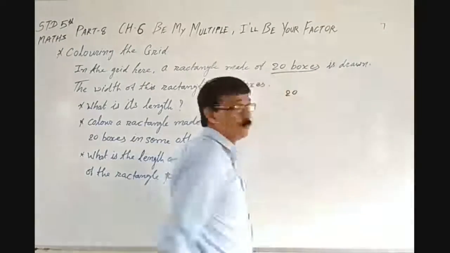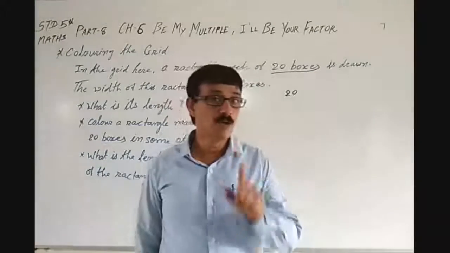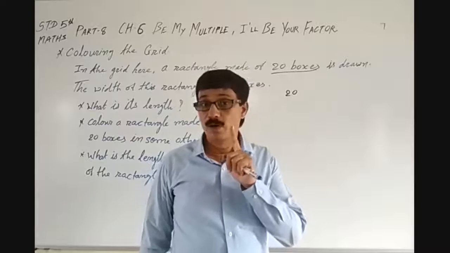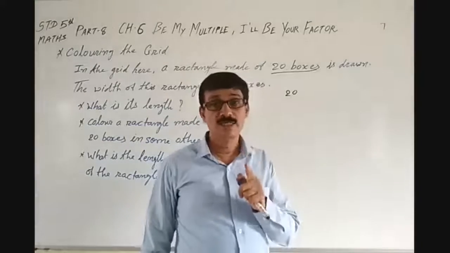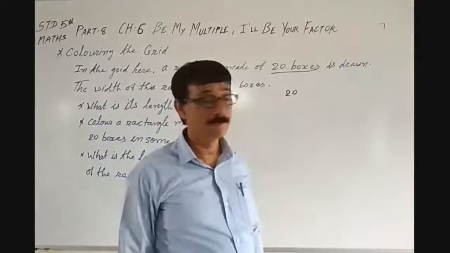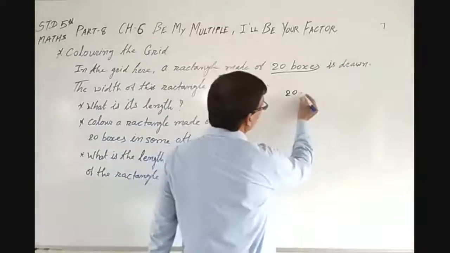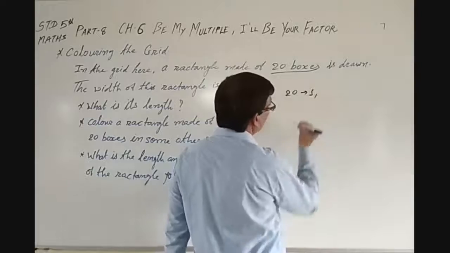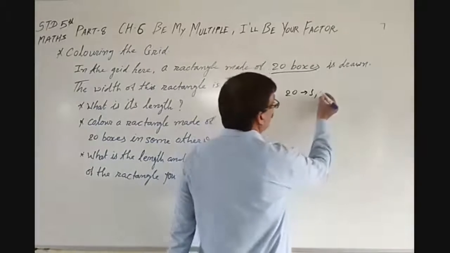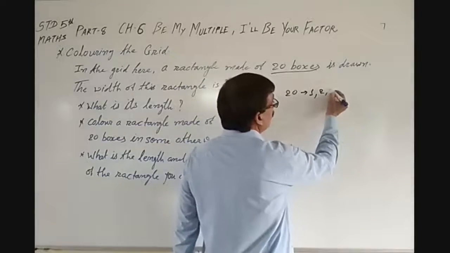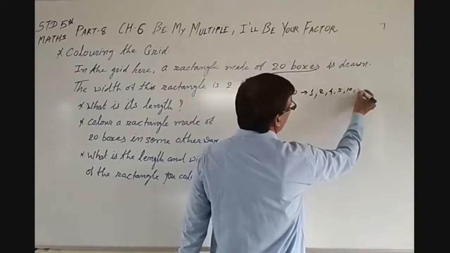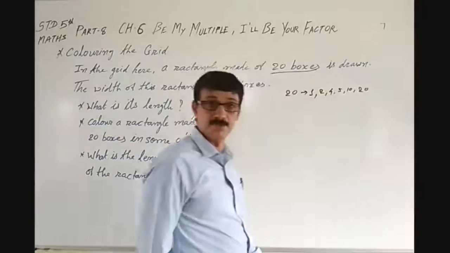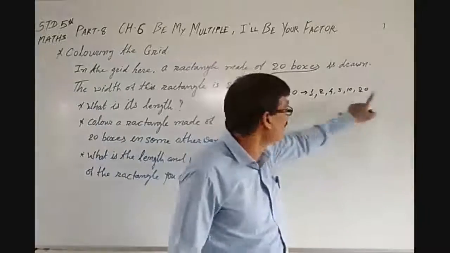By that time, we should know the factors of 20. The factors of 20 are 1, 2, 4, 5, 10 and 20 itself, isn't it? So these are the factors of 20.